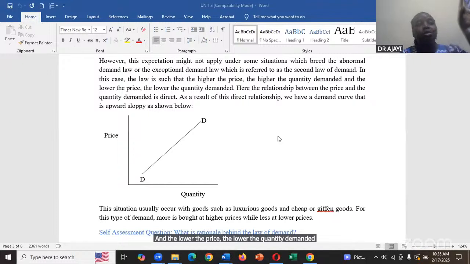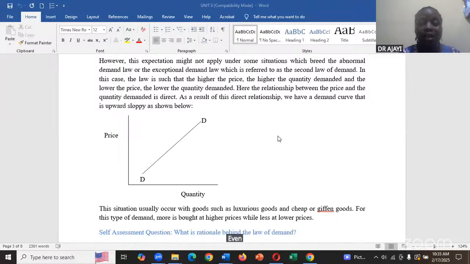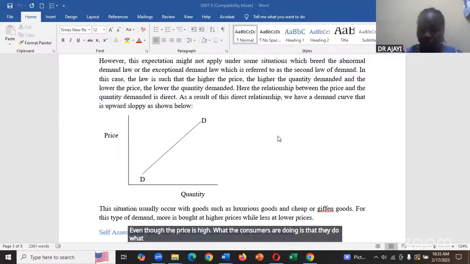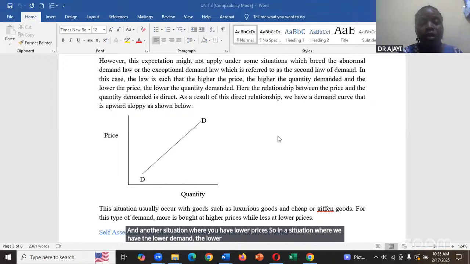Once the price is going high and you are saying higher quantity demanded, it simply tells you that there are some types of goods that by their nature, even though the price is high, consumers are demanding more. And in the situation where we have lower prices, it simply means that for some people, even though the prices are cheap, they are still demanding a lower quantity.